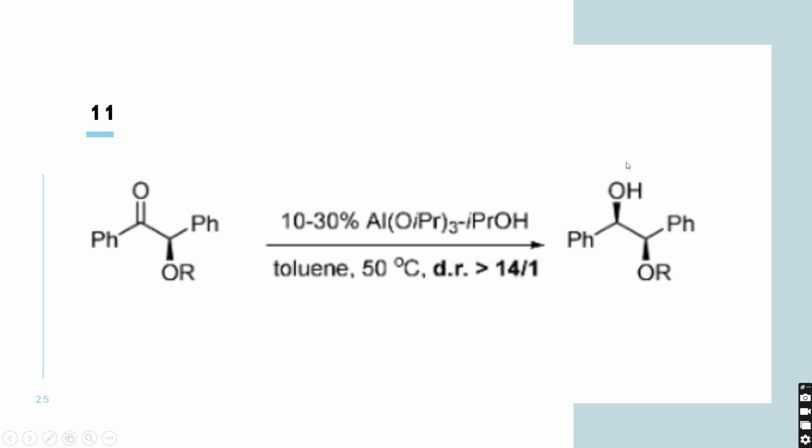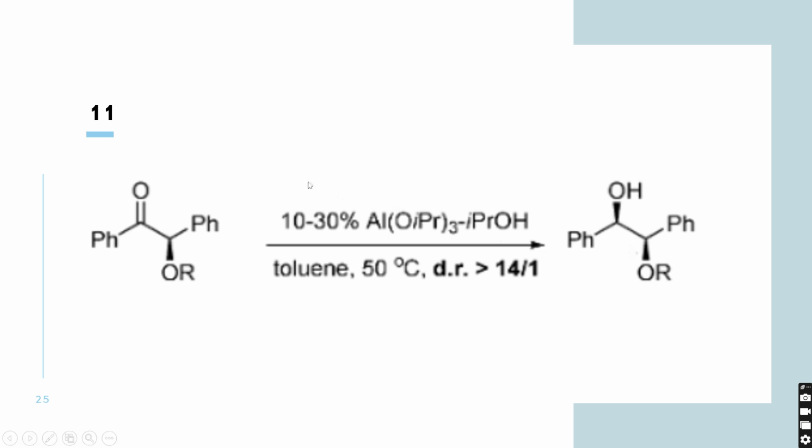And if you look at the product, you are getting a product where your hydroxy and alkoxy, these two substituents, are syn to each other. So you have to rationalize why you are getting this syn product as your major product.